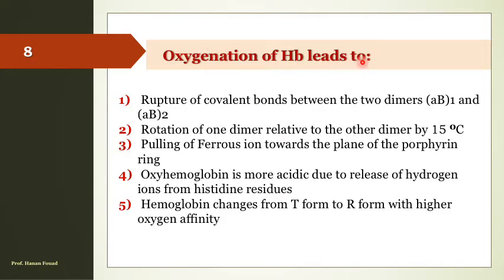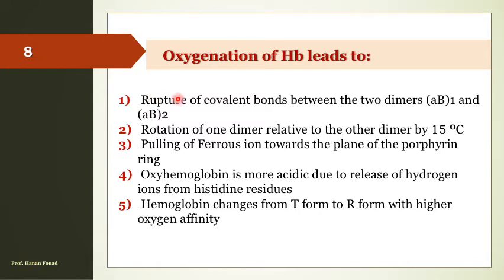Oxygenation of hemoglobin leads to the following. It is called oxygenation and not oxidation, because there is no oxidation of the ferrous ion. Ferrous ion is never oxidized into ferric. If ferrous is oxidized into ferric, this will destroy the hemoglobin, and the hemoglobin will be unable to carry oxygen. So it is oxygenation and not oxidation.